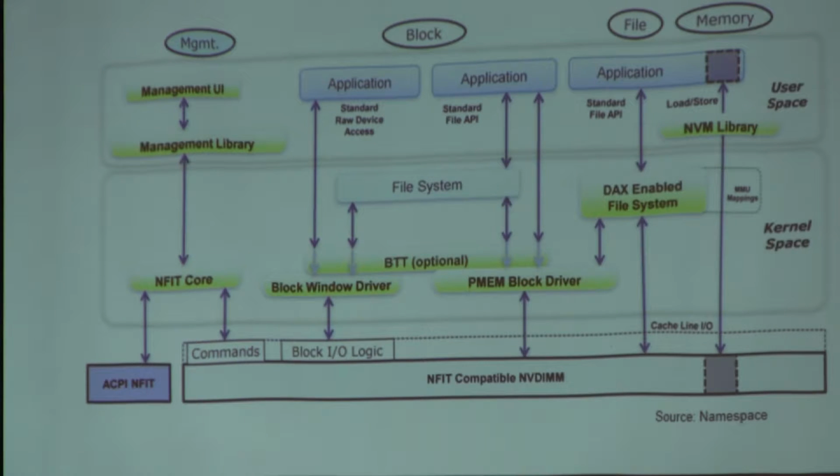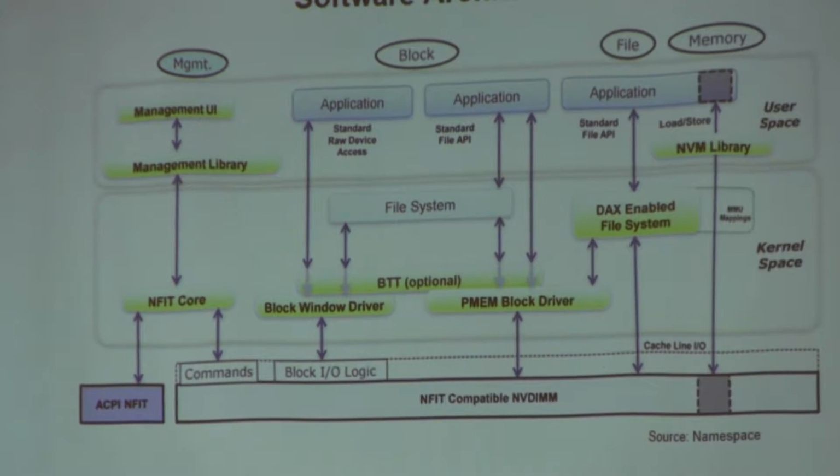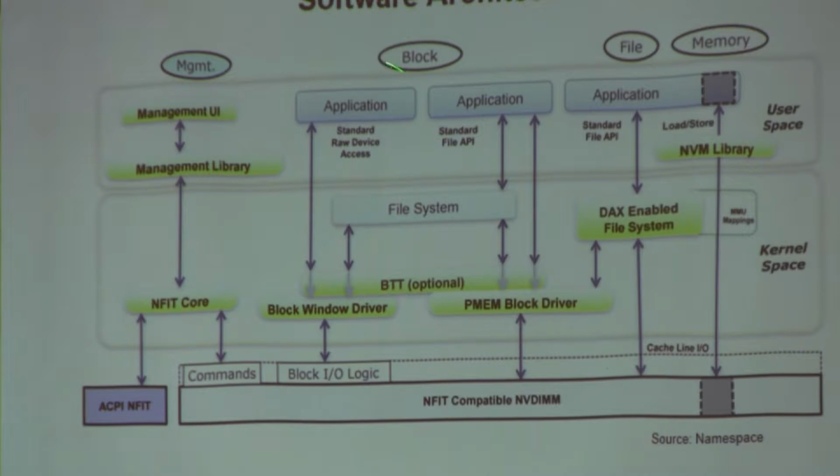Next is the generic slide, similar to what Andy showed. This is the programming model for persistent memory. Starting right here in the middle, this is pretty much the standard block stack where you go through a standard file system. So you've got unmodified applications. We've talked about this before.